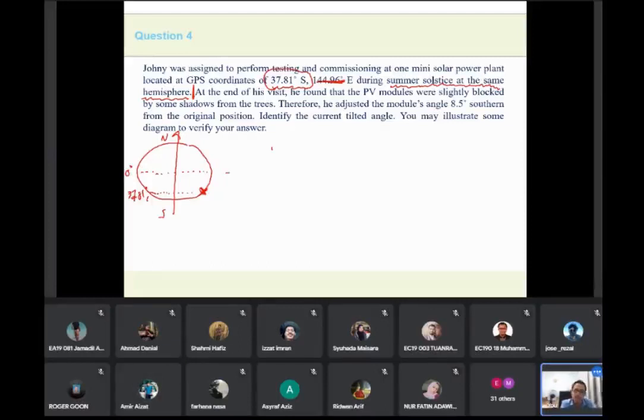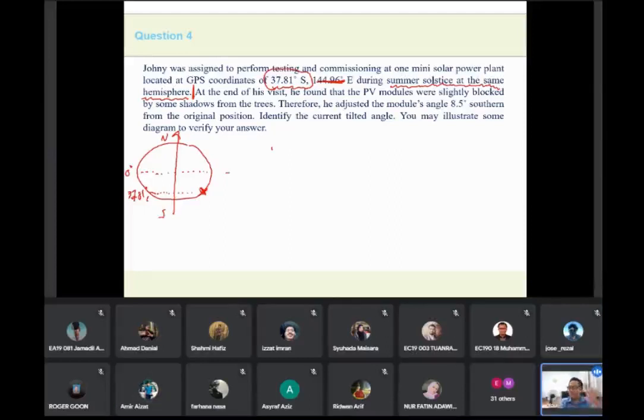Maksudnya sama lah. So matahari tu dekat mana? Matahari tu sepatutnya lah saya rasa... dekat bawah tu kot. Okay. Kau teka kena yakin sikit lah.